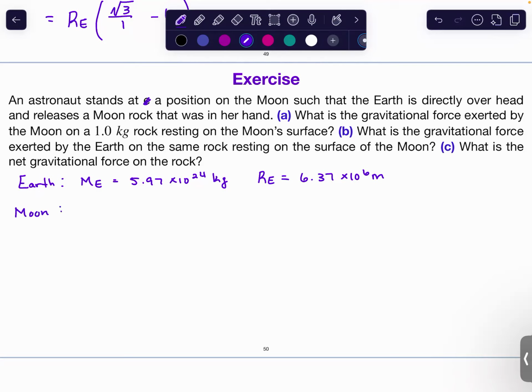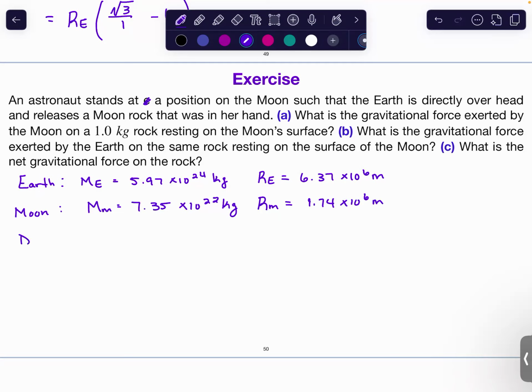For the moon, the mass of the moon, 7.35 times 10 to the 22nd kilograms. Radius of the moon, 1.74 times 10 to the 6th meters.